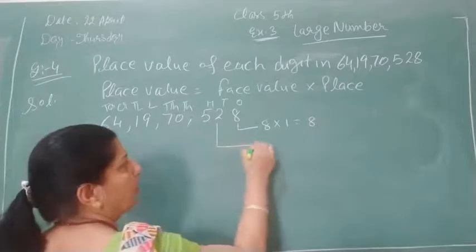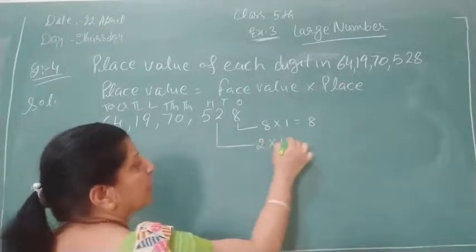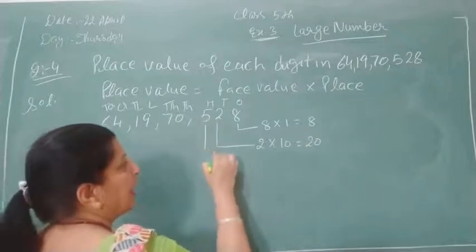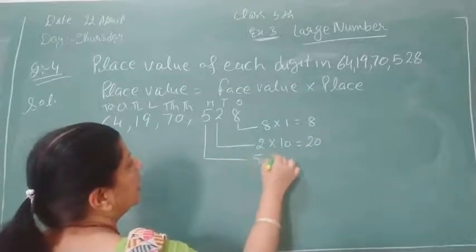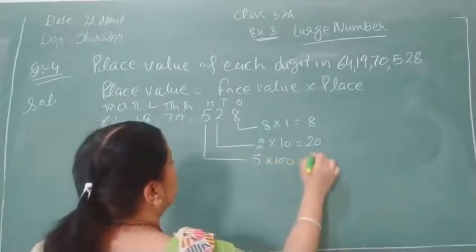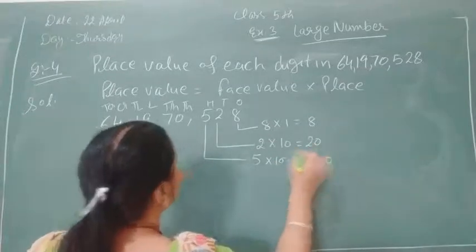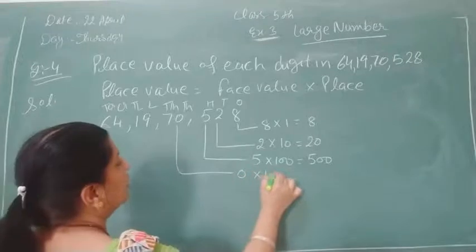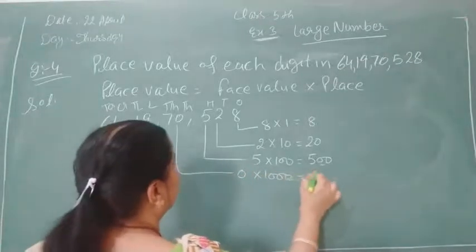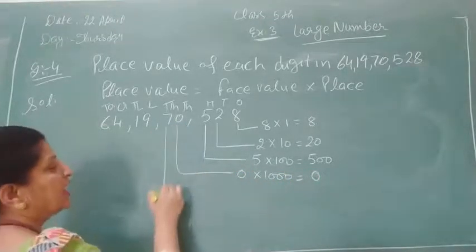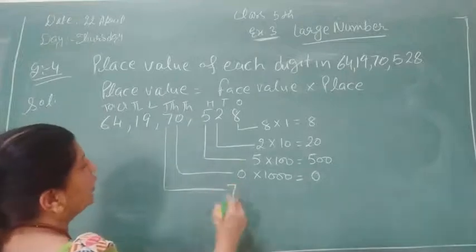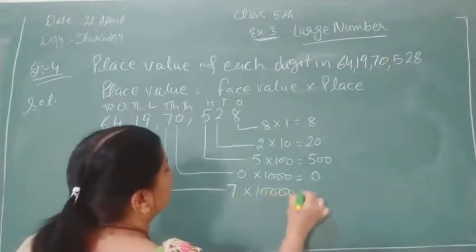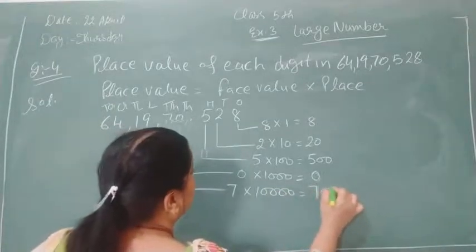Now 2 is at the tens place, so it is multiplied by 10 and it becomes 20. And now 5 is at the 100 place, so it is multiplied by 100 and it becomes 500. Now we see that 0 is at the 1000 place, and when any number is multiplied by 0, it becomes 0.